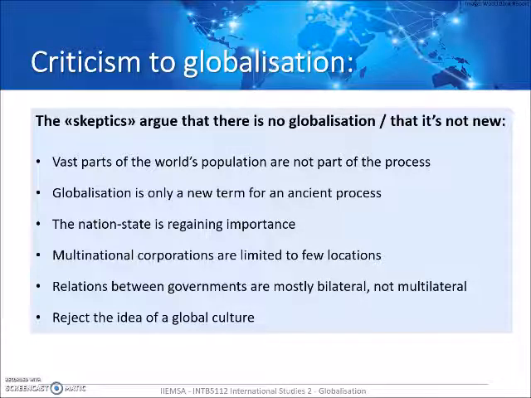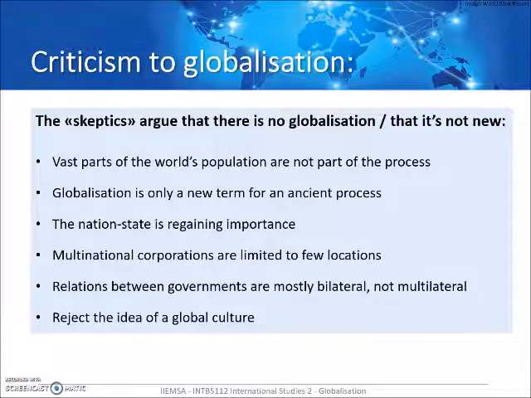Another argument is that the nation state is actually regaining importance. These are people who look at countries, for example, like the United States, that is increasingly closing its borders and making stronger border policies. You have increasing talk of building walls, or you have nation states exiting international agreements.